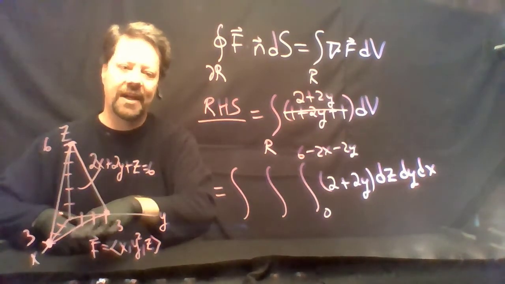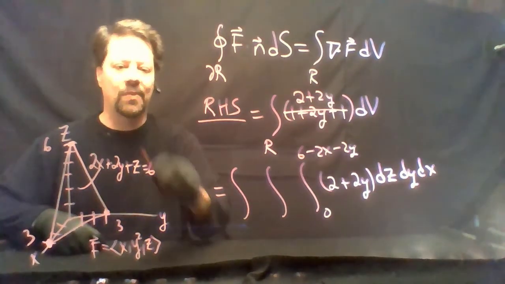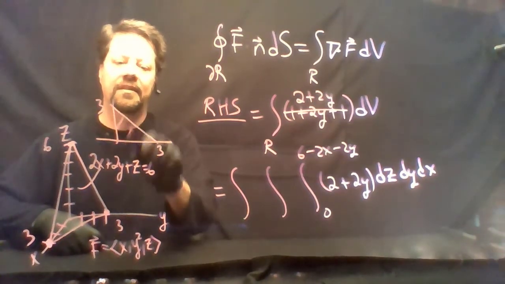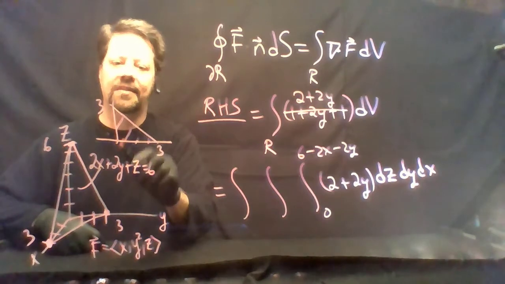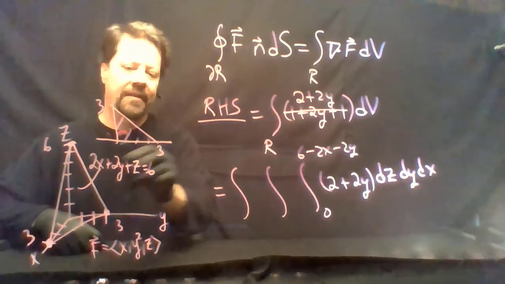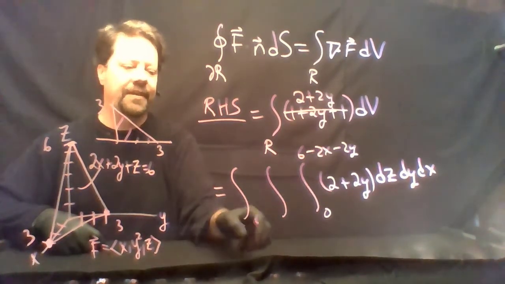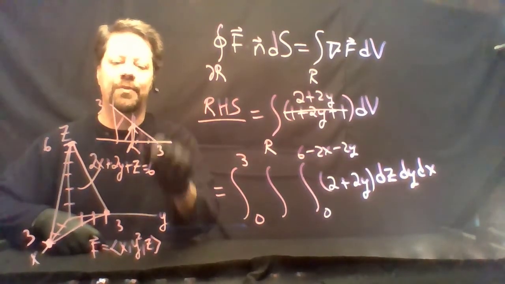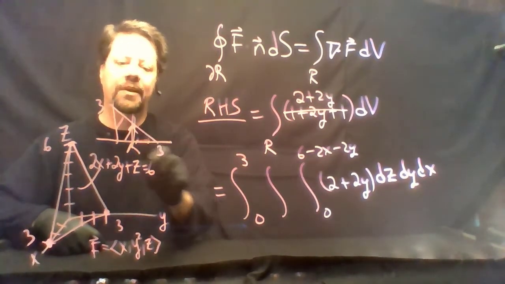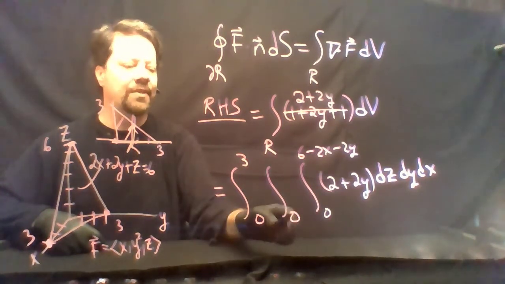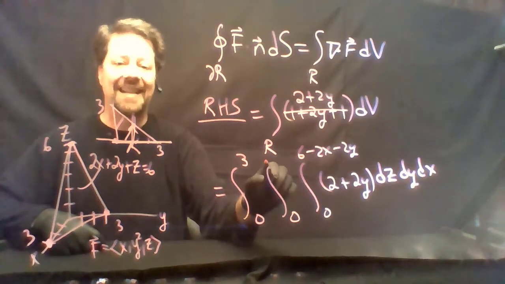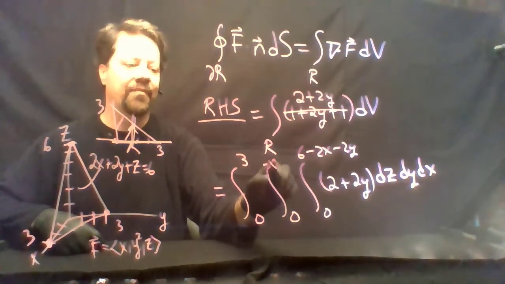When we project everything down into the xy plane, we end up with a triangle that goes 3 on the x, 3 on the y. X values will go from 0 to 3. And using vertical cross sections, y values will go from lower curve to upper curve, the lower curve being y equals 0, the upper curve being y equals negative x plus 3.